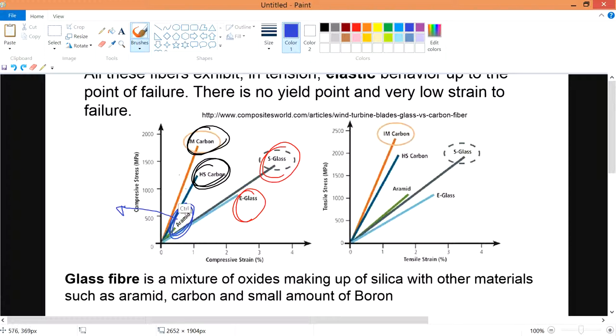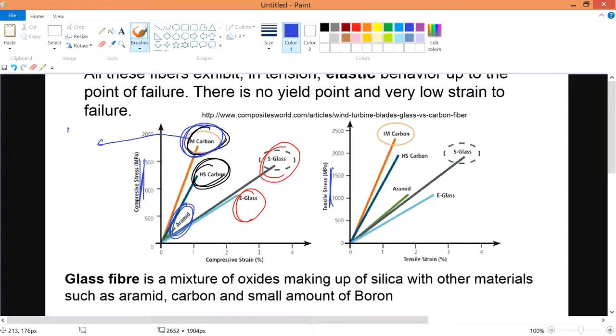Alright. So the purpose of this graph is to illustrate the compressive strain versus the compressive stress, while the other side shows tensile strain versus tensile stress. Over here, if you want to choose good, similar compressive and tensile attributes, meaning good compressive stress and good tensile stress, choose IM carbon.